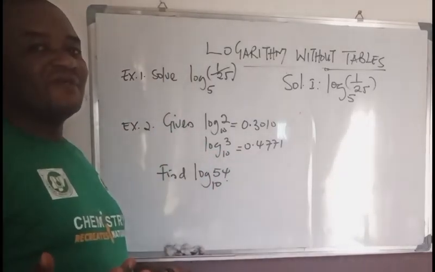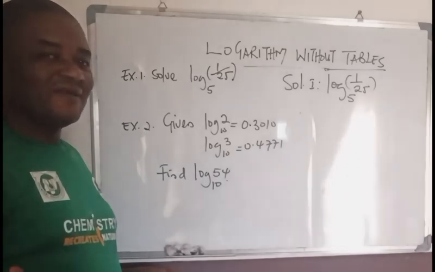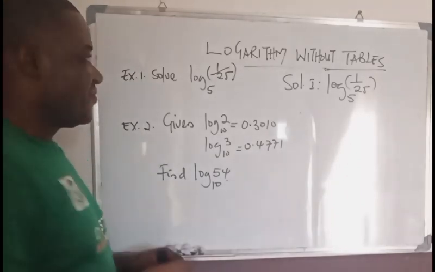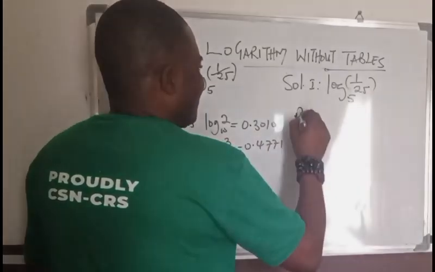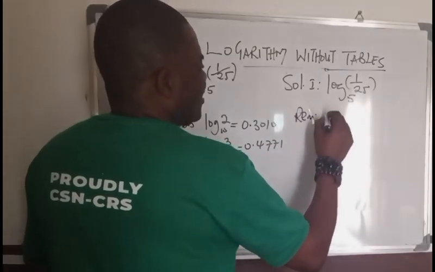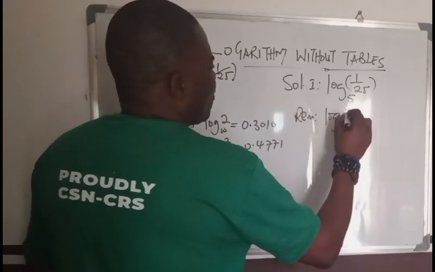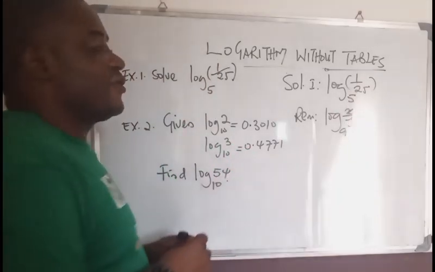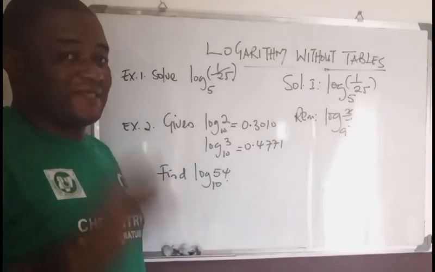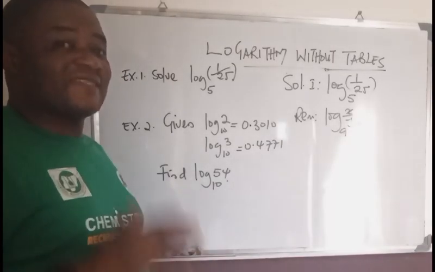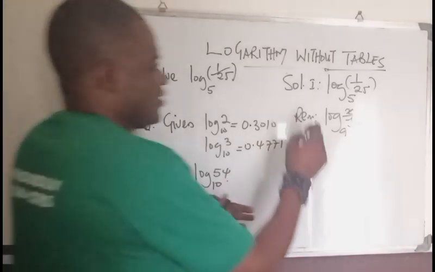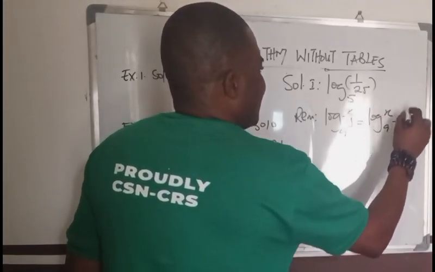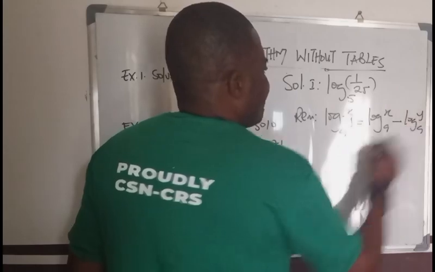This should remind you of the quotient law, which is the second law of logarithm. Remember that the quotient law says where you are given the log of x over y base a, you separate them into individual arguments with the same basis using a negative sign. So if that is true, then we should have the log of x base a minus the log of y base a.